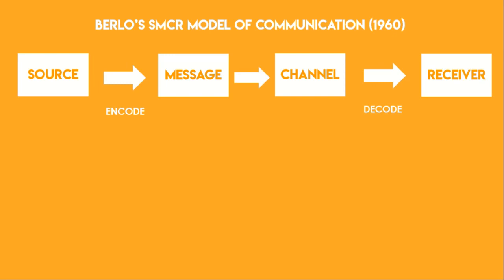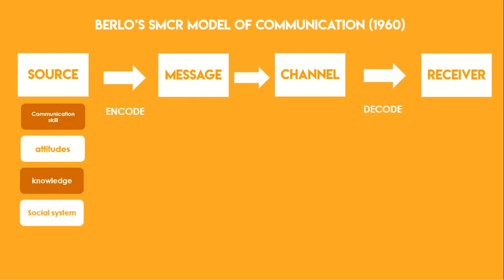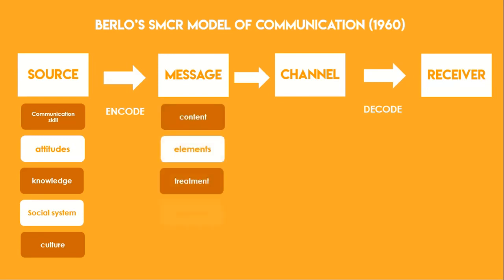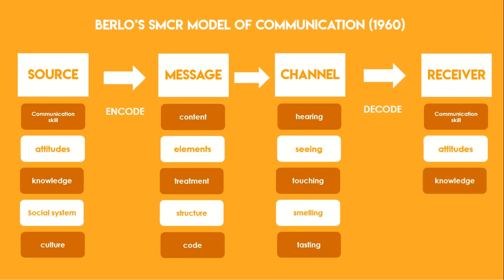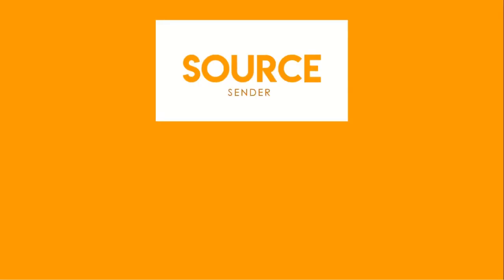The source is composed of communication skill, attitudes, knowledge, social system, and culture, while message is composed of content, elements, treatment, structure, and code. Channel is composed of hearing, seeing, touching, smelling, and tasting, while receiver is composed of communication skill, attitudes, knowledge, social system, and culture. Sender is the source of the message or the person who originates the message.